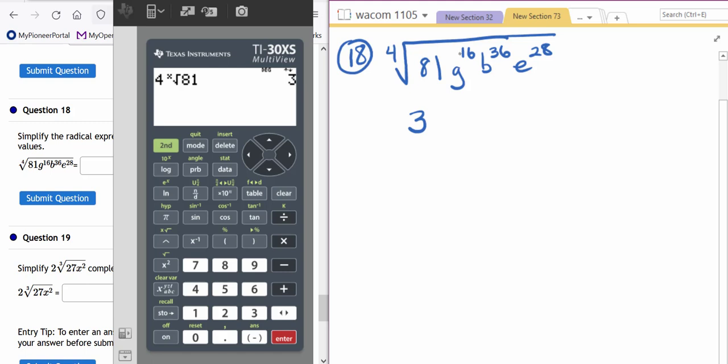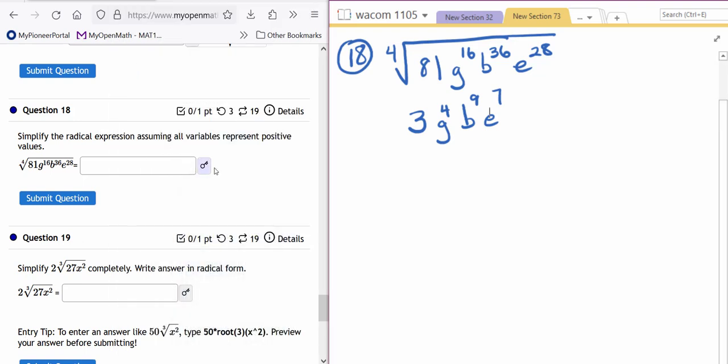For your variables, 4 into 16 goes 4 times, no remainder. So g to the 4th. 4 into 36 goes 9 times, b to the 9th. And 4 into 28 goes 7. And so there's nothing left on the inside on this one.